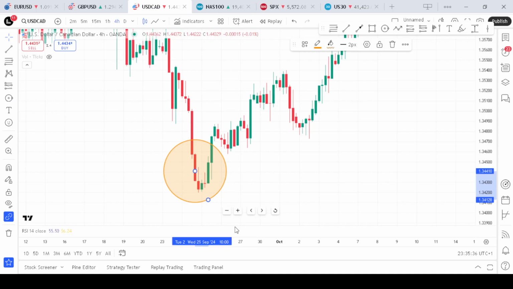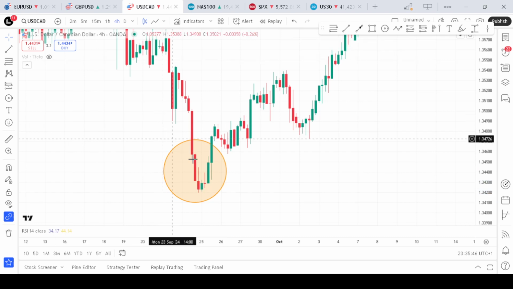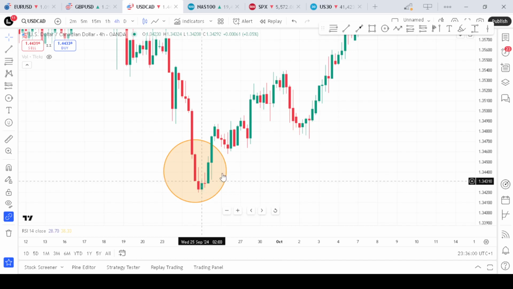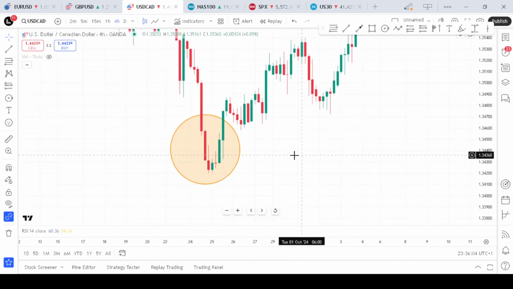Now let's see how we can validate this pattern. To verify this, we first have to find out that both candles are bearish. The first candle and the second candle are both bearish candles. They are either red or black, whatever color you are using for your charts. The second candle open must be lower than the first candle open, signifying that it is a double bearish candle.